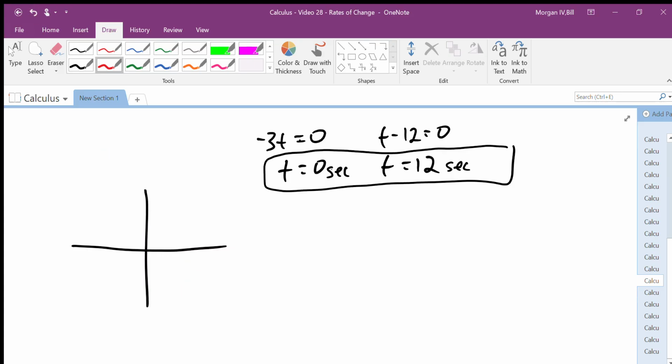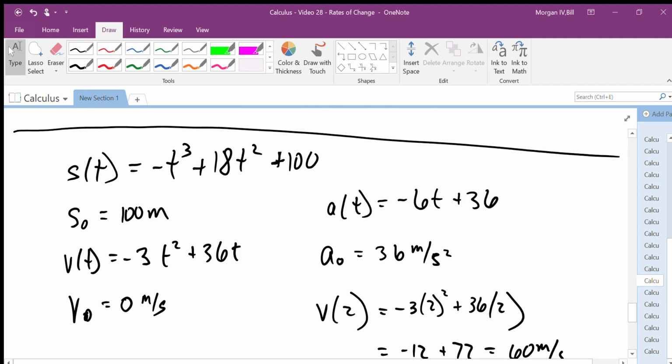Here's what we know so far. We know that at time 0 and time 12, the velocity is 0. So we're expecting it to flatten out at those points. The position function should have a 0 slope at those points because the velocity is equal to 0 at 0 and 12. We know that the initial position is 100.